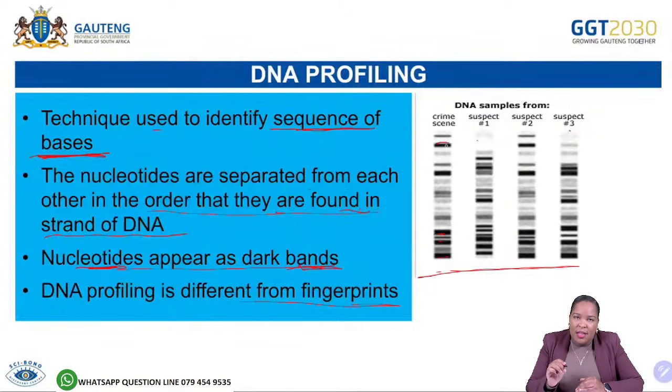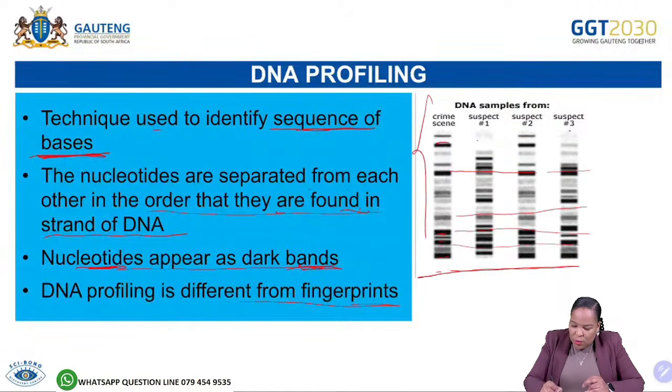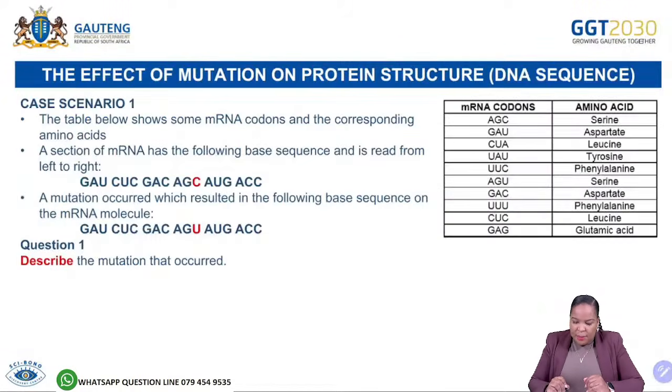The key thing here that most of you are making a mistake is to just use your eyes and look through this. Remember, it is important for you to have a ruler and use your ruler to match or to compare the dark bands of the nucleotides, so that you know exactly this is your suspect in case this was a crime scene. So you must be able to do that.